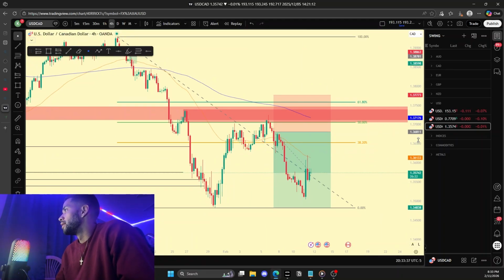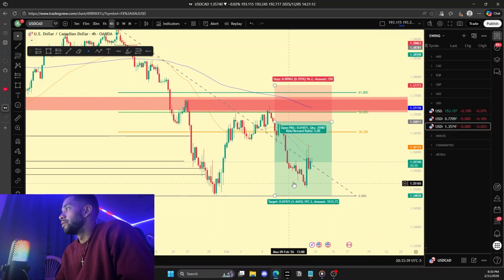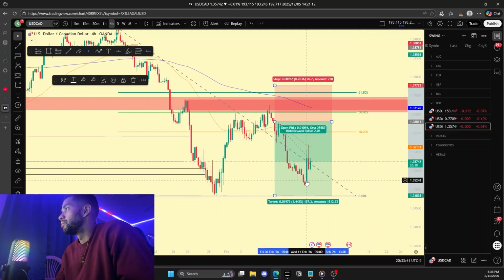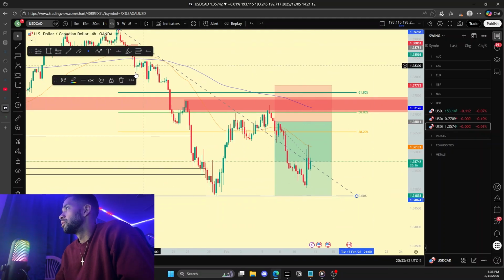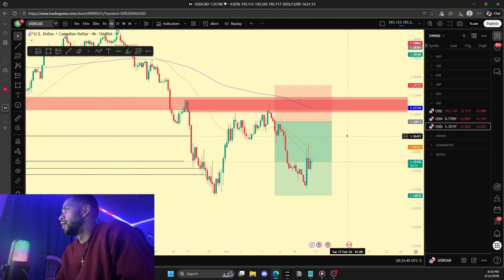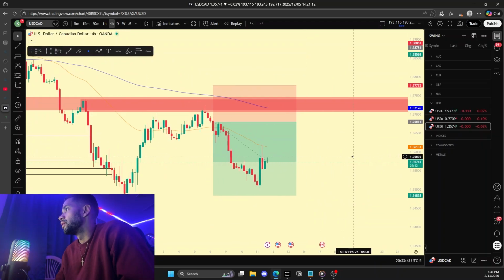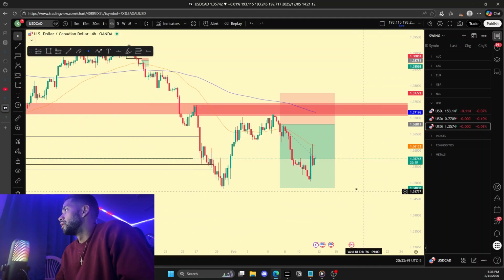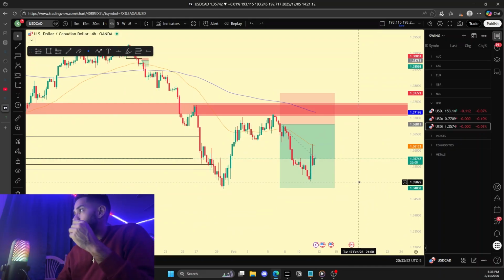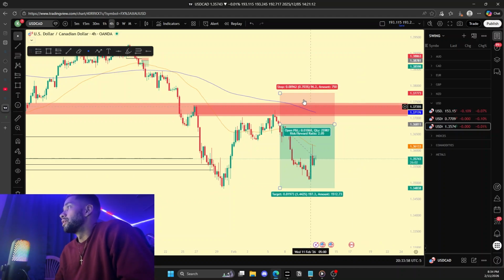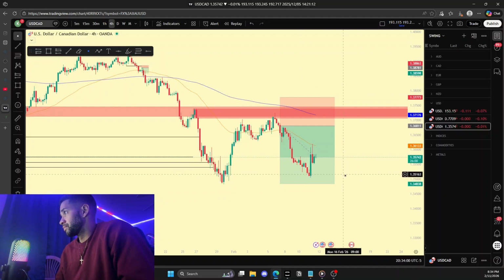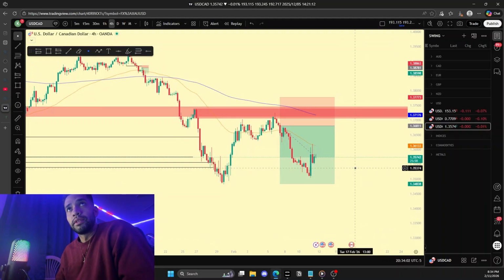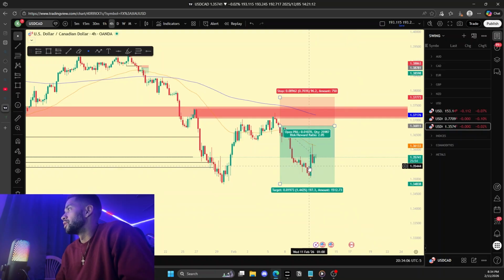Sorry, and we did have news this morning, which is this huge bullish candle that you see here. This was unemployment. Unemployment was better than expected, sorry, we had less unemployment than we thought, which then increased the power of the dollar.